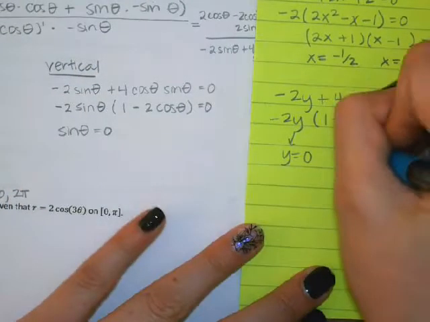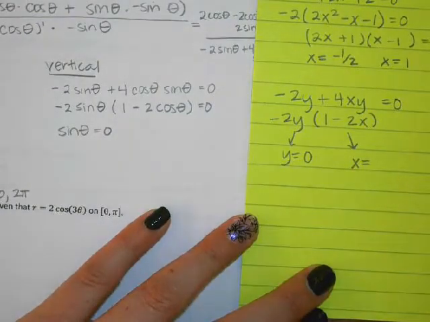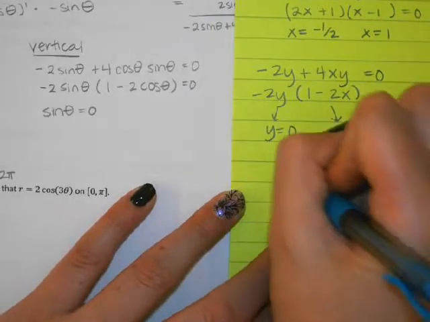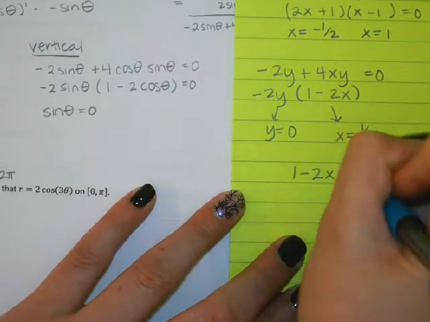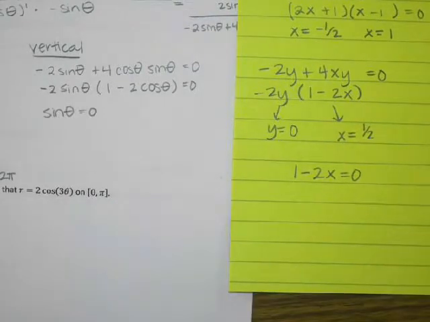And what would you say for this one? X equals 1/2, yeah. Because if you were to do it by hand, you'd say 1 minus 2x equals 0, and minus the 1 over, and then divide by -2.